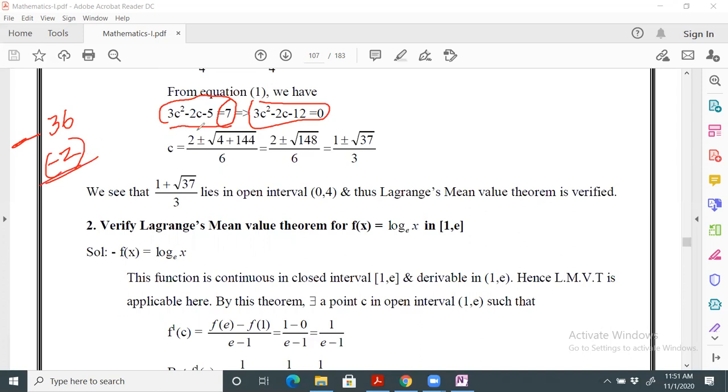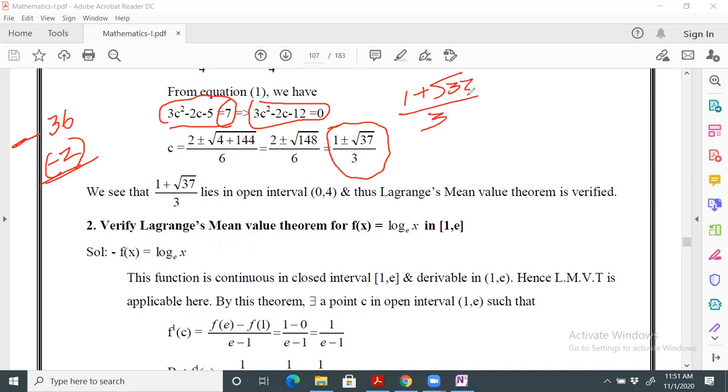So using the formula, minus b plus or minus root of b square minus 4ac by 2a, we get c equals 1 plus or minus root 37 by 3. First I take 1 plus root 37 by 3.